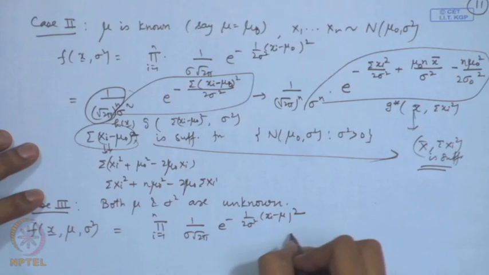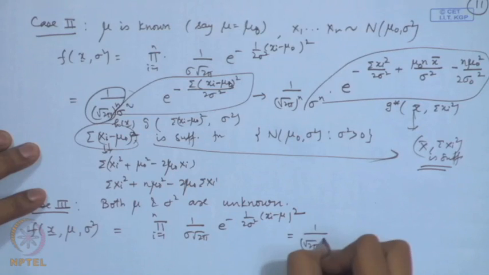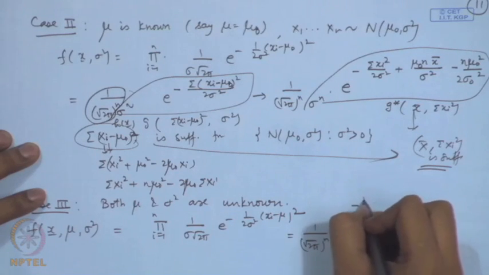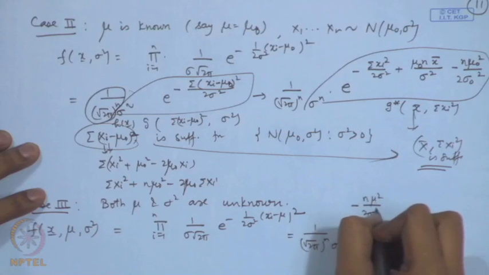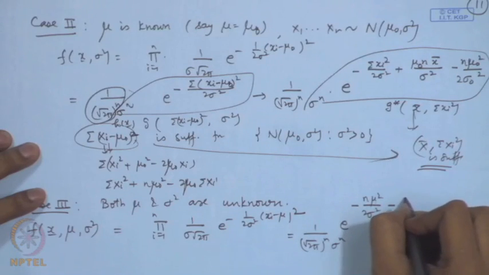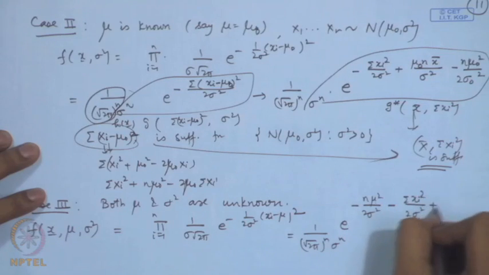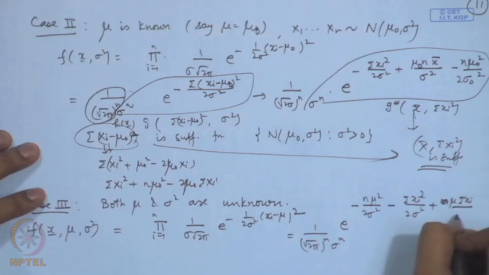You expand this, this is equal to 1 by root 2 pi to the power n sigma to the power n e to the power minus n mu square by 2 sigma square minus sigma x I square by twice sigma square plus n mu, or you can say mu sigma x I by sigma square.